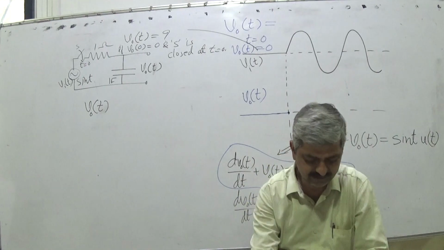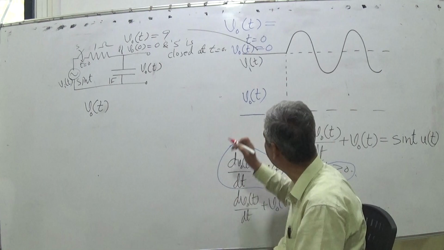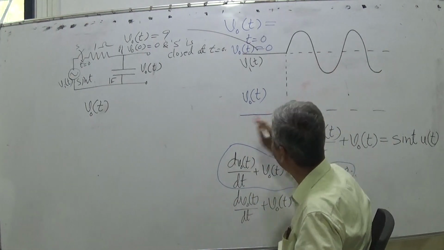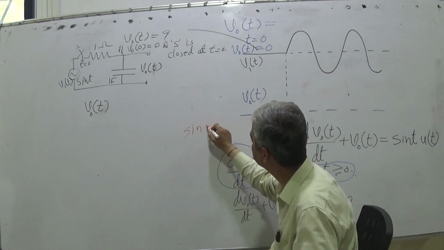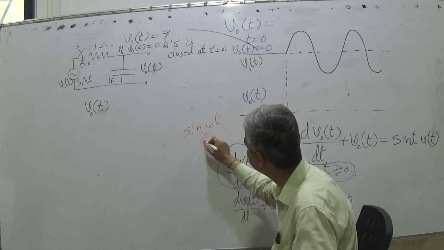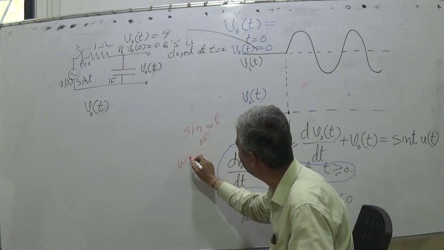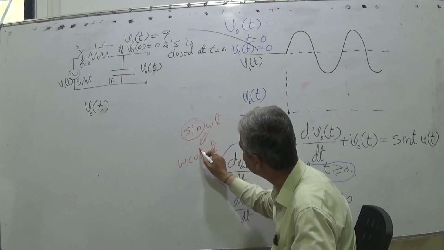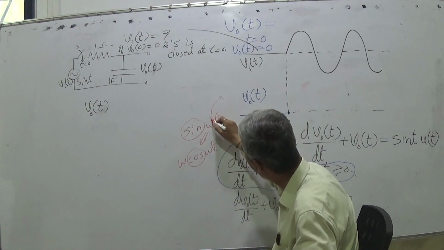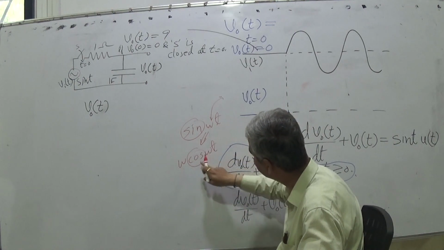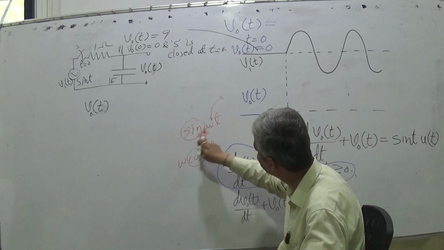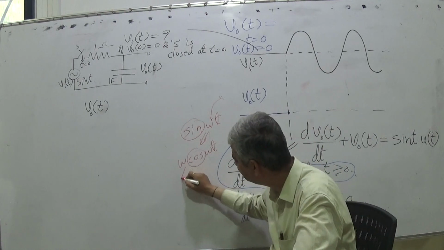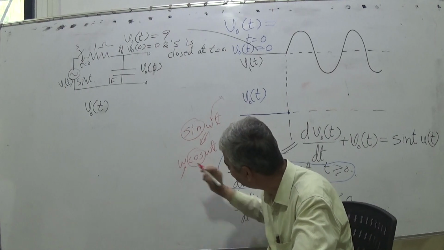Listen very carefully, these are the fundamentals of understanding. When I have sin omega t and I differentiate it, it leads to omega cos omega t. Both sine and cos are sinusoidal signals of frequency omega, only phase shifted, and omega multiplies the amplitude.